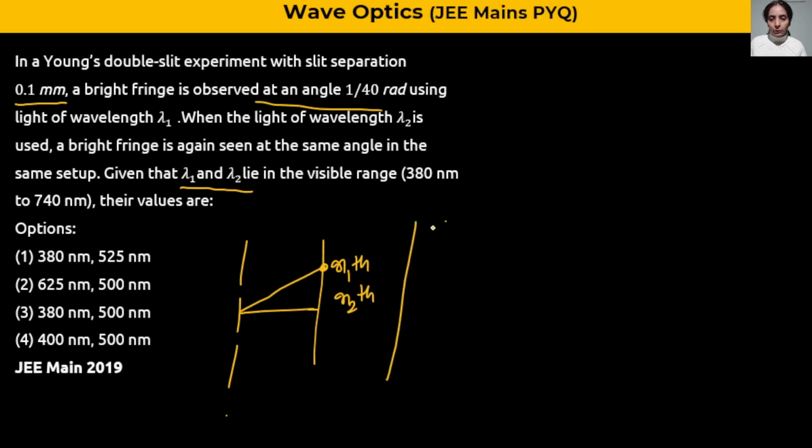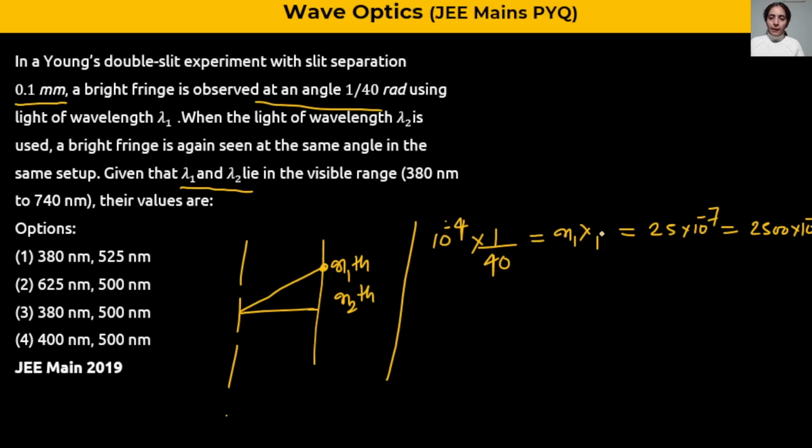So d theta, and d is your 0.1 millimeter, so 10 to the power minus 4 into theta, that is 1 by 40, and this is going to be equal to n1 lambda 1. So n1 lambda 1 is 10 to the power minus 5 by 4, which becomes 25 into 10 to the power minus 7. If you want to write it in the nanometer range, you write 2500 into 10 to the power minus 9.